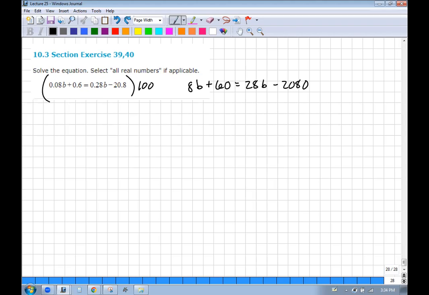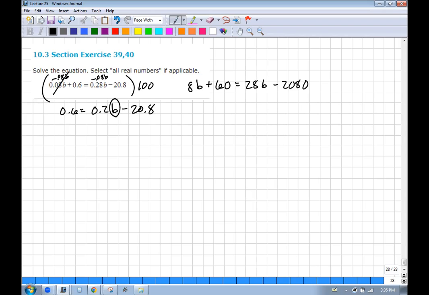Let's get all the b's over here. So if I subtract 0.08b from both sides, that goes away. So I got 0.28 minus 0.08 would be 0.2, right?